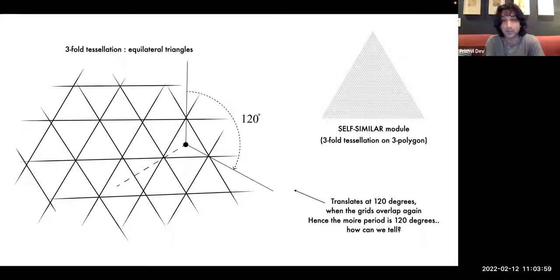So it also has a threefold symmetry. And here we have a tetrahedron, an equilateral triangle with a threefold tessellation on it. That is a self-similar module: the threefold tessellation on a threefold polygon is a self-similar module of just a threefoldness, I guess.